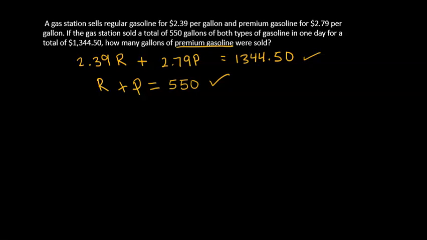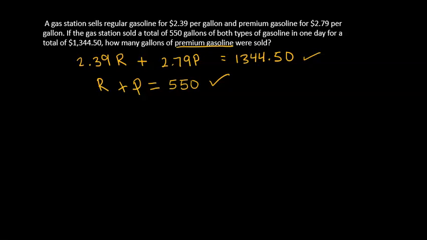So if I sold 0 regular and 550 premium, I just put those together and I get 550. I'm not worried about the money part because it's just talking about the gallons, right? 550 is just talking about gallons. I'm not dividing it, I'm not multiplying it, and I'm not subtracting it. I'm simply adding them together. That's how I came up with the second equation.